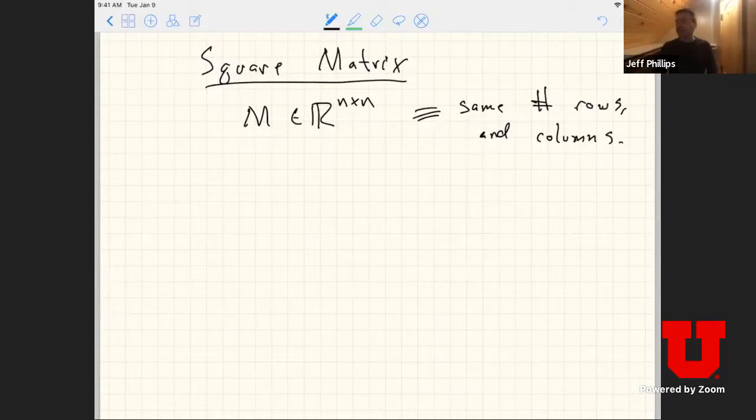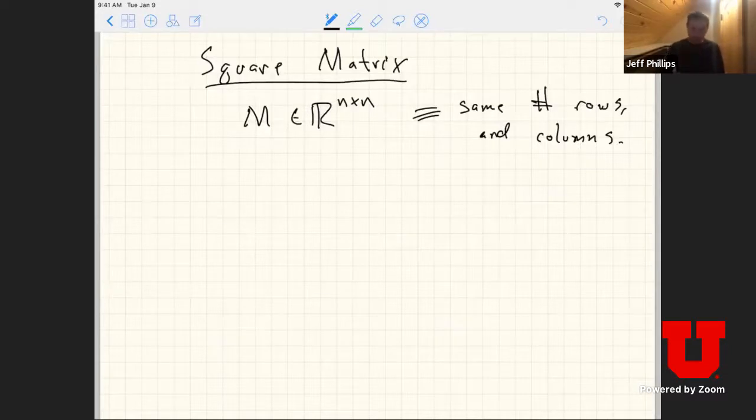If you take the data mining class, you'll see you can represent a lot of graph structure also as a square matrix. I'll just describe them mostly now, and then we'll see instances where these are going to arise pretty commonly.